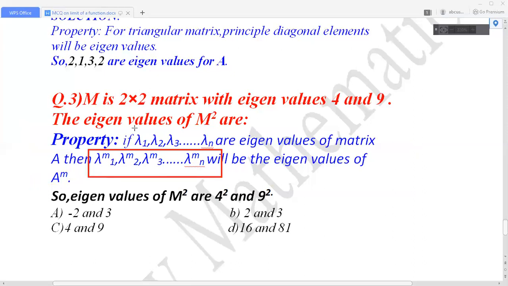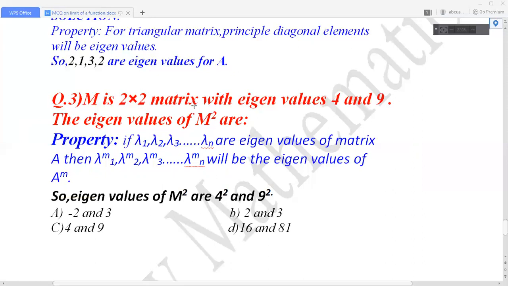So lambda 1 to the power m, lambda 2 to the power m, lambda 3 to the power m, and so on to lambda n to the power m will be the eigenvalues for the matrix A to the power m. Very easy to calculate the eigenvalues for the power of the original matrix, just giving the same power to the eigenvalues.